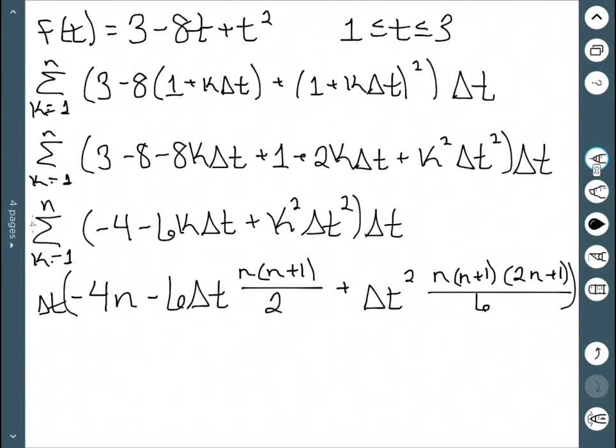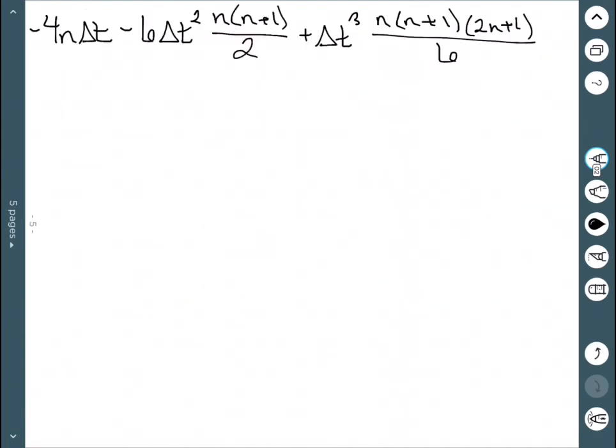And now we're actually going to start taking limits. We'll start by multiplying through by delta t. When we do, this right here is what we get. Remember, delta t was b minus a over n, and since we're looking at the interval between 1 and 3, we would have 3 minus 1 over n, or 2 over n.